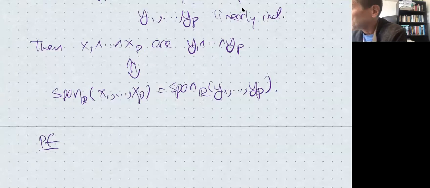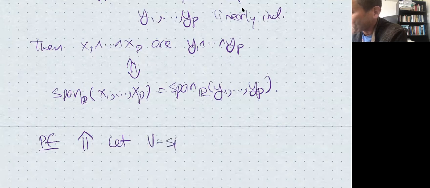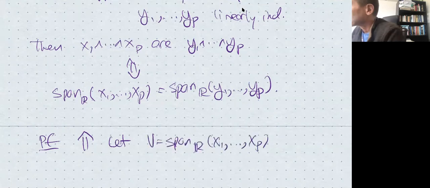Proof of this fact. Let's first assume that the space generated by x1 to xp is the same as the space generated by y1 to yp. Let's suppose that V is the name of this space.